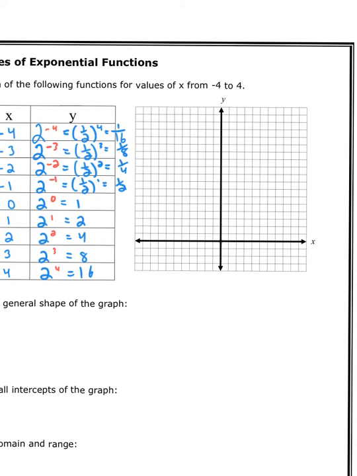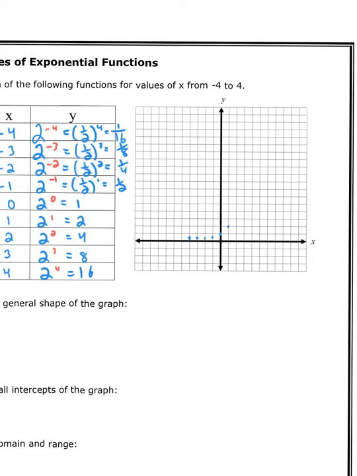So I'm first going to plot when x is -4. I have a y value of 1/16, which is very close to 0, but not quite 0. And then when x is -3, I get 1/8. When x is -2, I have a quarter. And then when x is -1, I have a half. And then when x is 0, I have 1.